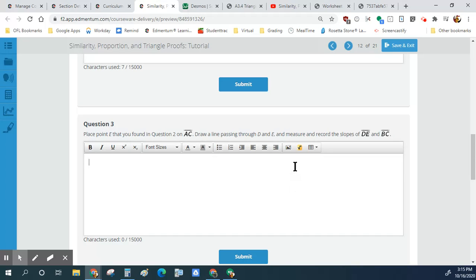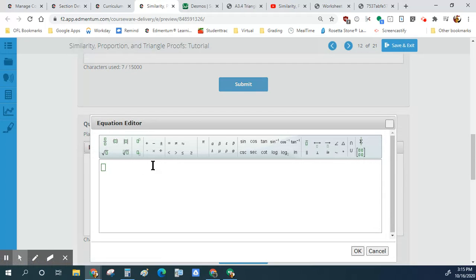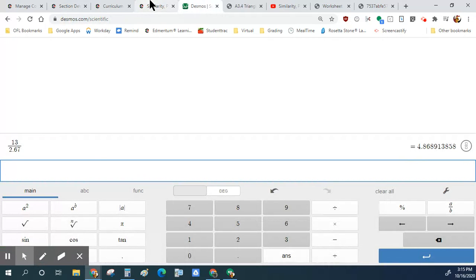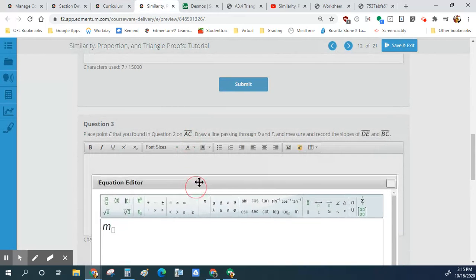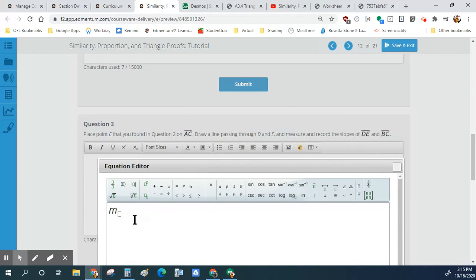So let's do this. I'm going to say M, because usually the symbol for slope is M. Subscript, we're talking about a line. What lines are we talking about? Line ED or DE.